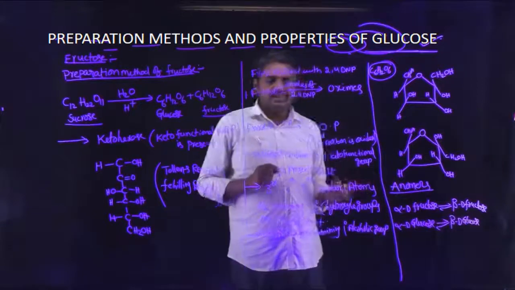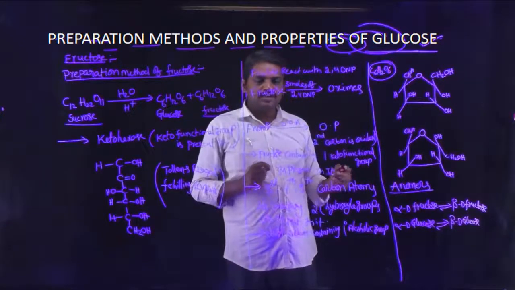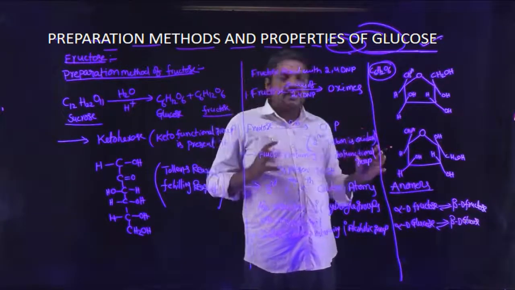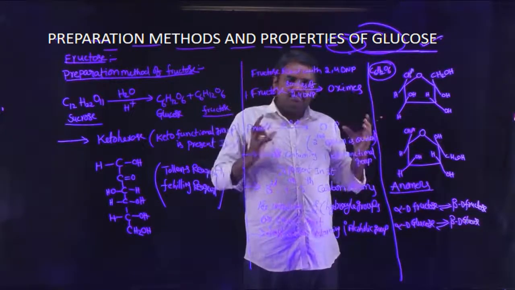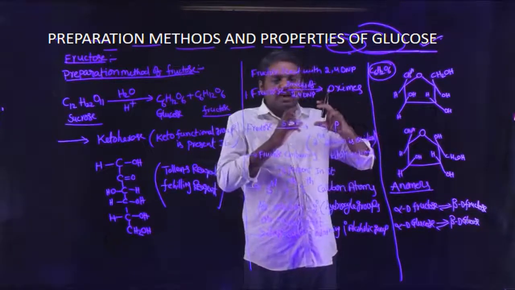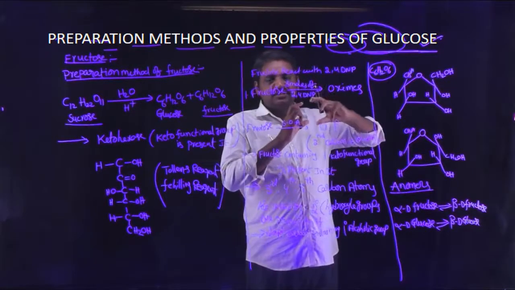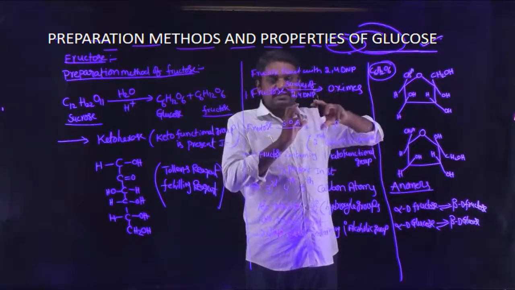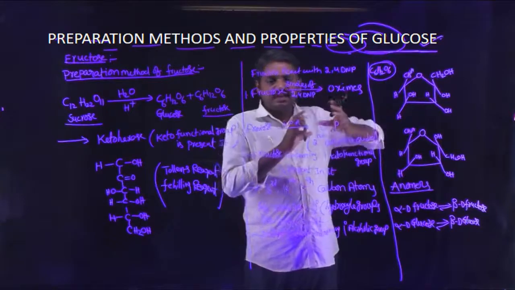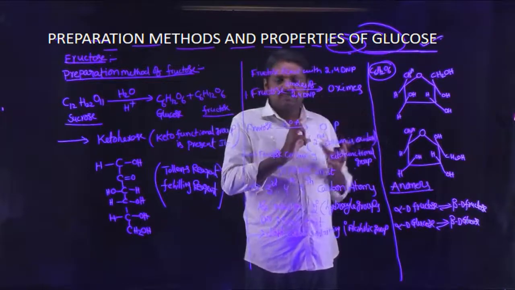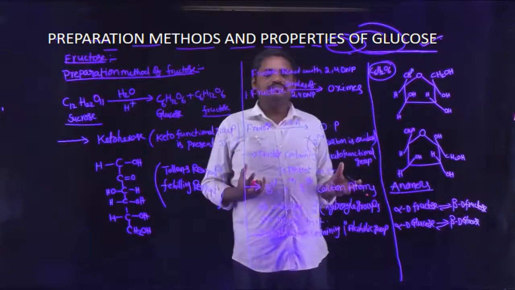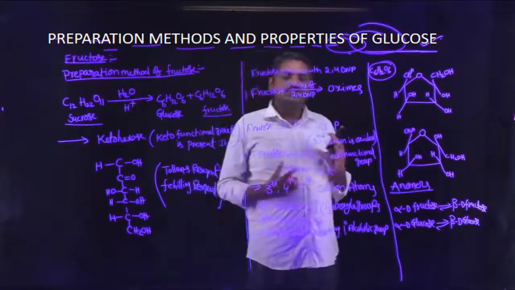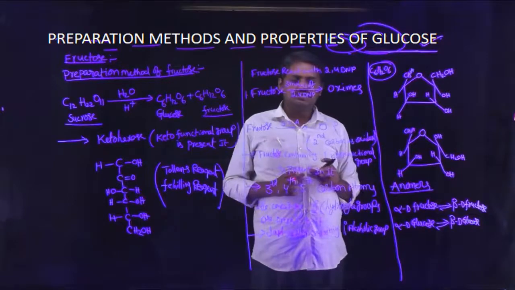These units are clearly observed. The total structure is the same, only one carbon configuration differs, about the second carbon atom. The second carbon atom configuration differs, but the remaining total structure is the same. So these types of units are known as anomers.